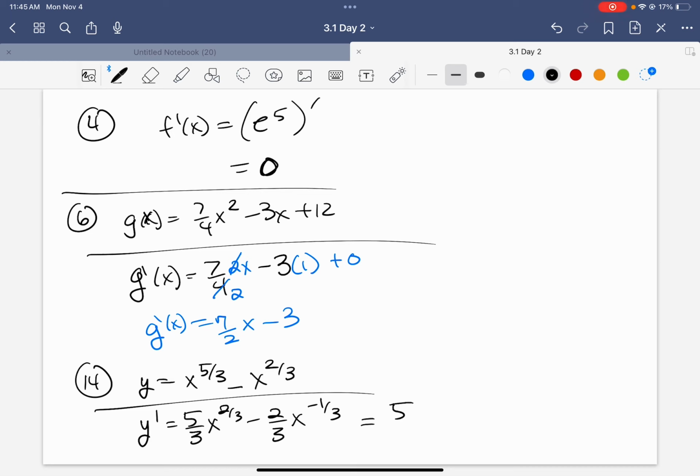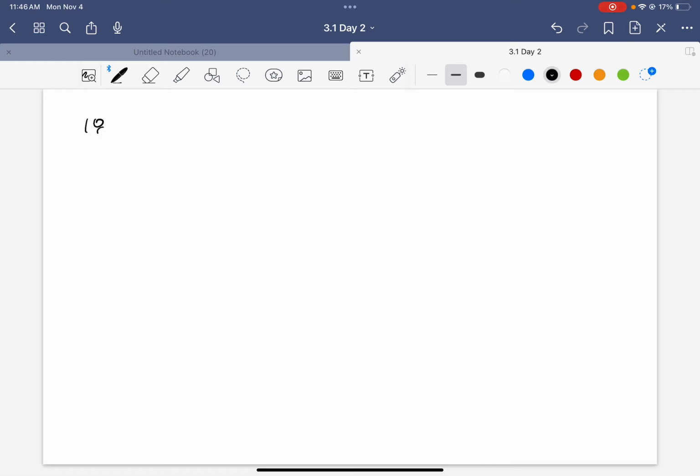So if we wrote that without negative exponents, it would be minus 2 over 3x to the 1/3. And that would be your derivative. So that's 14. Let's look at 18.